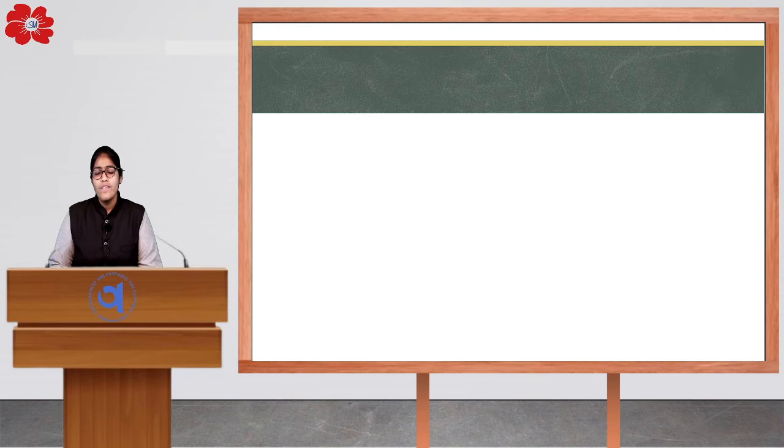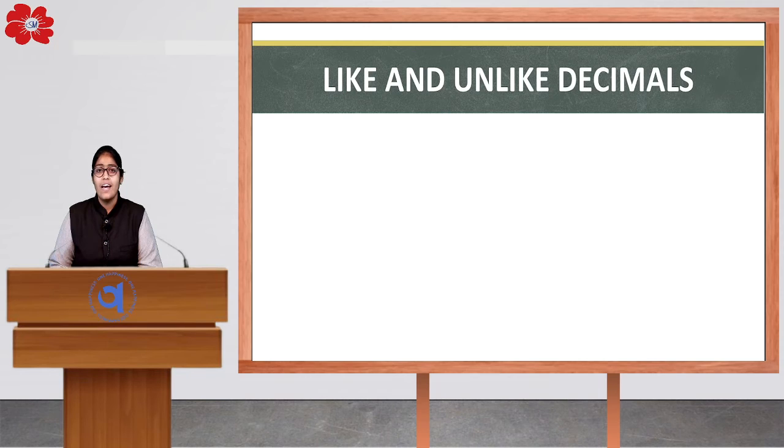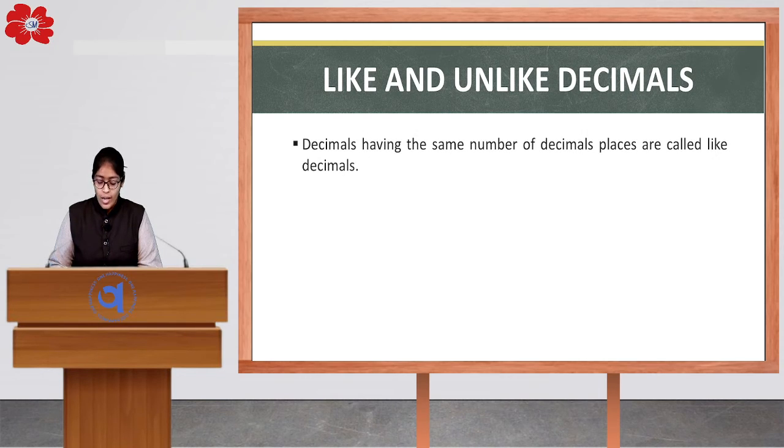Now you have studied fractions, right? In that you might have studied about like and unlike fractions. Similarly, in decimals we will study about like and unlike decimals. Let us start with like decimals. Decimals that have the same number of decimal places are called like decimals. For example, I am writing 7.81, 9.66, 156.73.